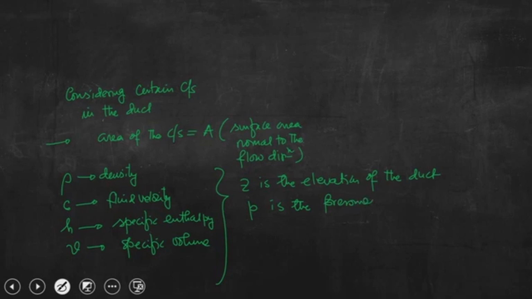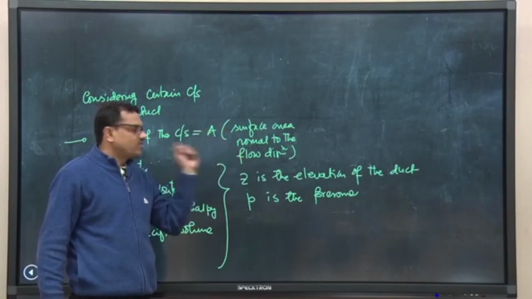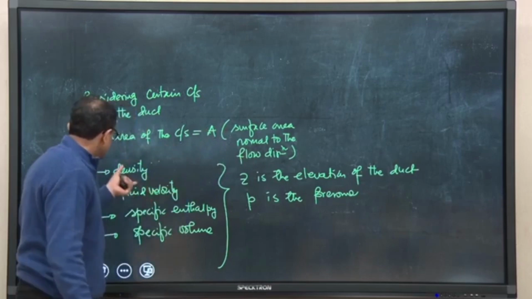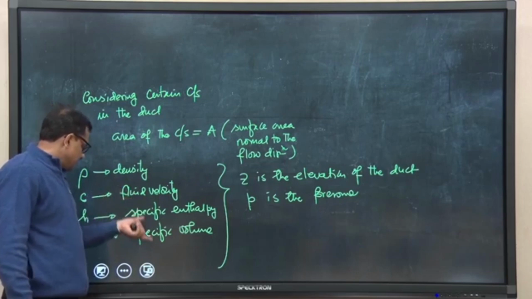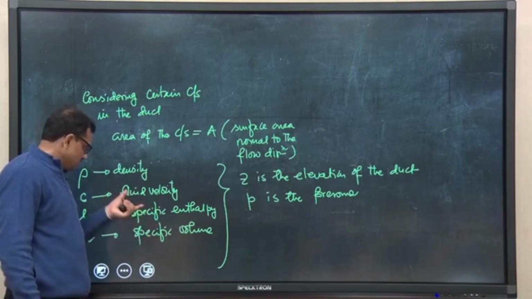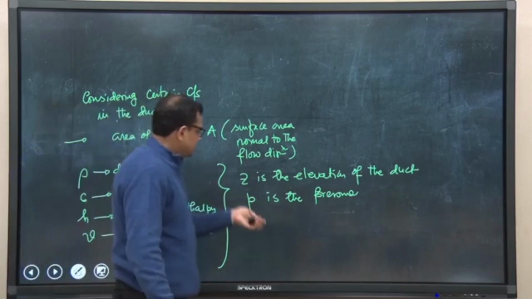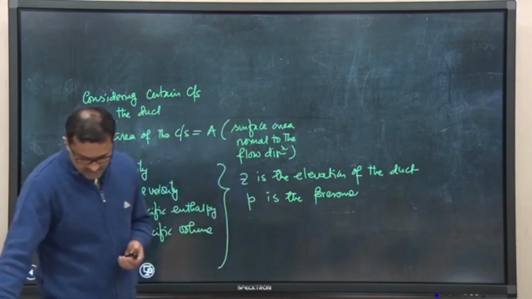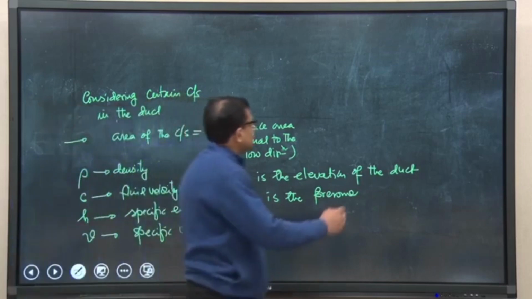So, we have assumed one particular cross section in the duct, where A is the cross sectional area of that surface normal to the flow direction. We have also assumed the fluid properties like rho, that is density, specific enthalpy, specific volume, pressure. C is the fluid velocity and Z is the elevation of the duct, okay. So, if we write this, then what can we write?